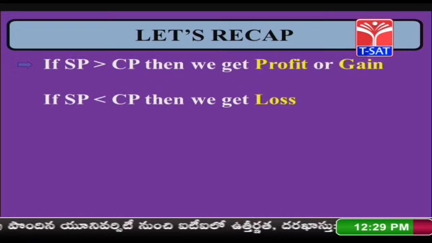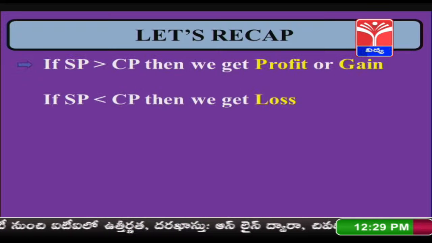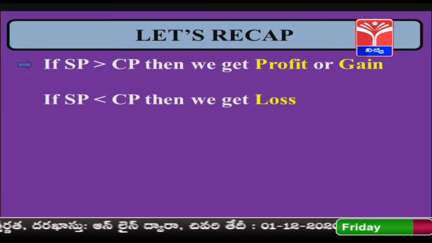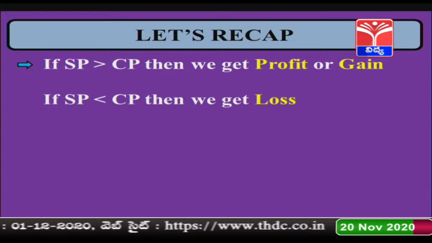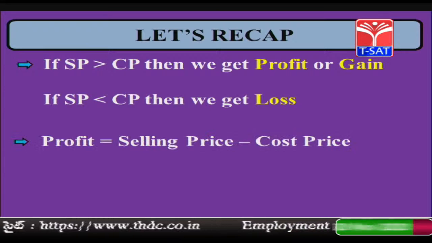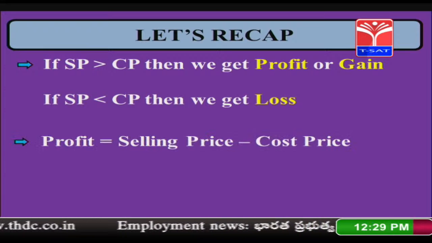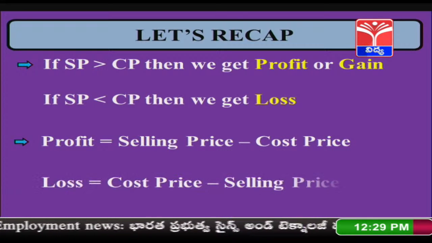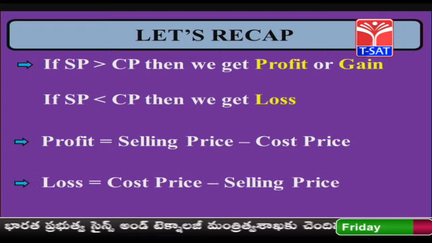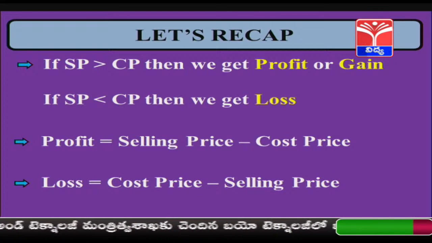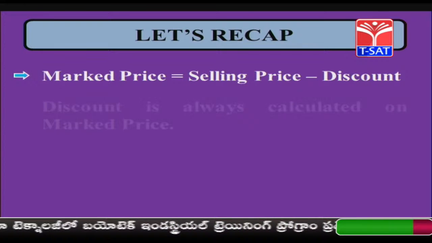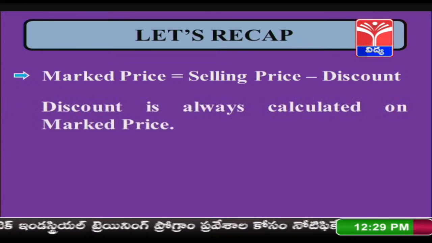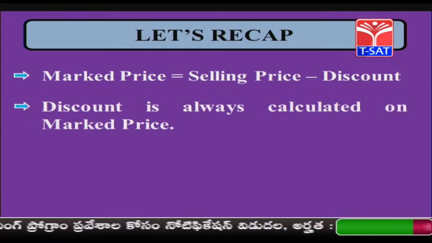If selling price is more than the cost price, then we get profit or gain, whereas if selling price is less than the cost price, we get loss. Profit is equal to selling price minus cost price, whereas loss is equal to cost price minus the selling price. Mark price is equal to selling price minus discount, and discount is always calculated on mark price.